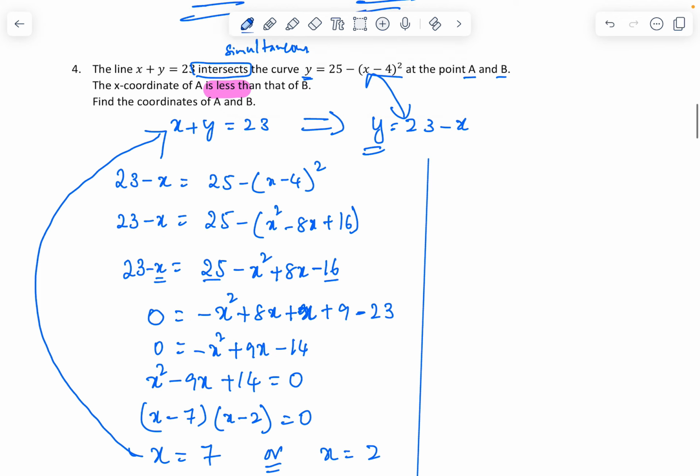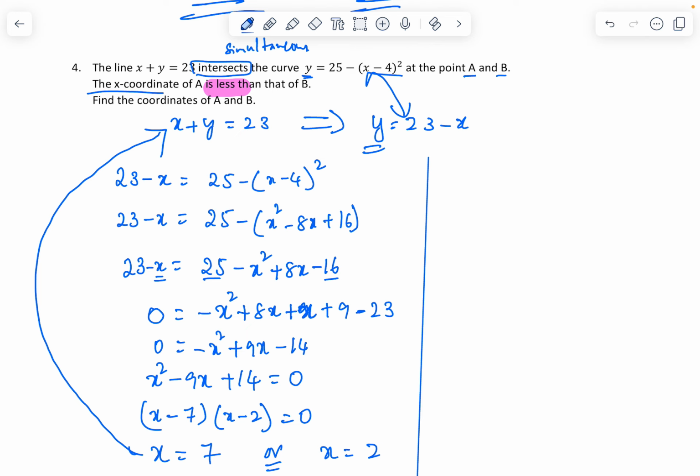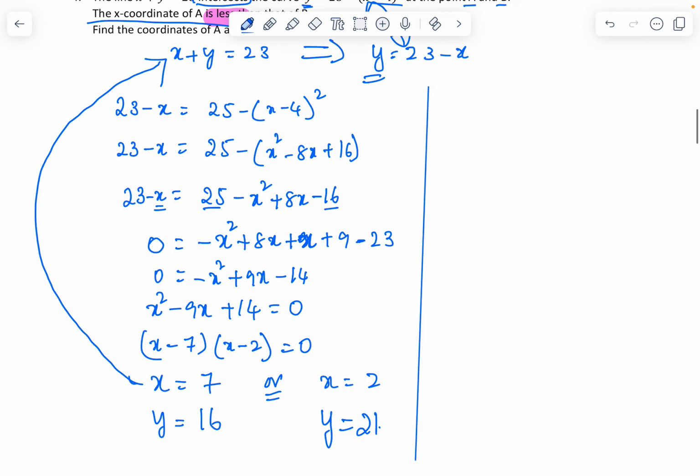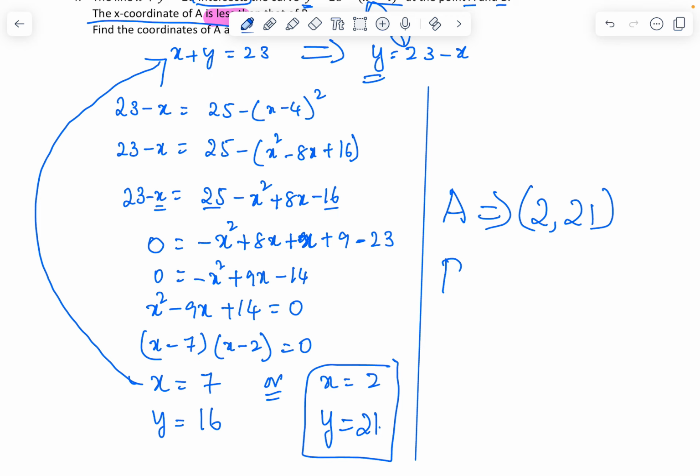Once we get the values, now you look at the question. The x coordinate of A is less than B, so this one should be A. So the coordinates of A are 2 comma 21 and the coordinates of B are 7 comma 16.